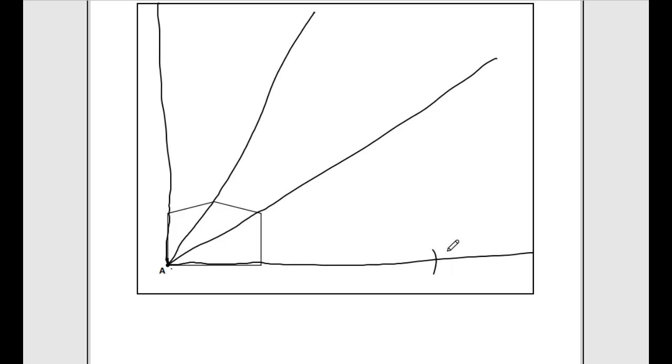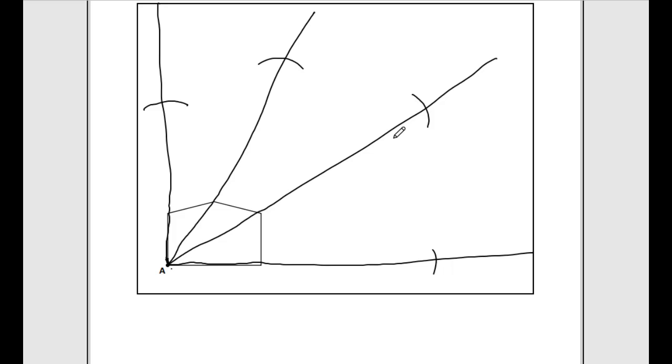Do the same here, measure the distance from here to here, then multiply by 3, so it's going to be up here. Draw an arc here somewhere using a compass. Do the same here, so measure that distance, multiply it by 3, draw an arc up here somewhere. And then the same thing here, measure that distance, multiply it by 3, draw an arc here. So it's going to be maybe somewhere here like that.